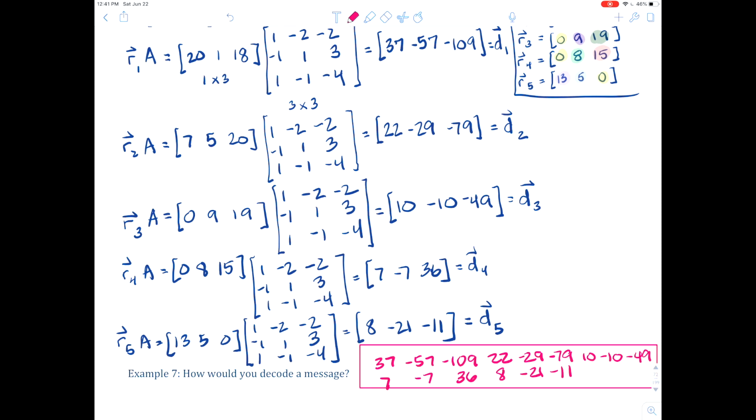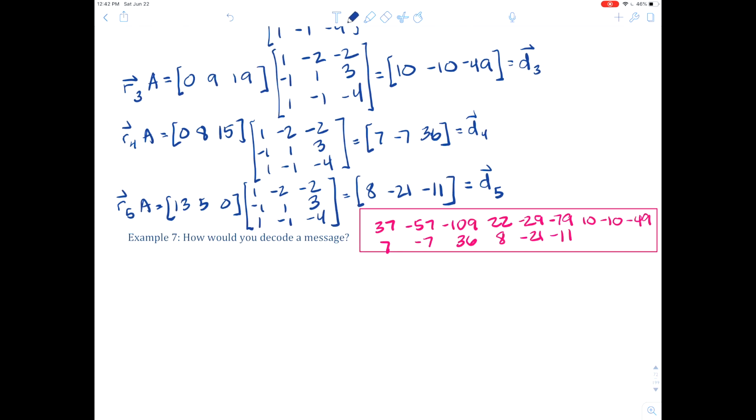Cool, cool. And then you'd also want to know how to decode the message, right? When we encoded, what did we do? We did Ri, for some i, times the matrix A was equal to the corresponding Di.